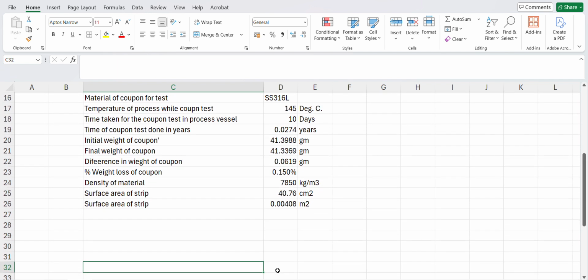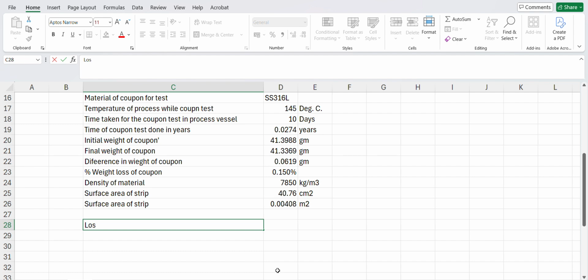Now we have all the data. Based on that, we can calculate the loss of thickness due to corrosion.